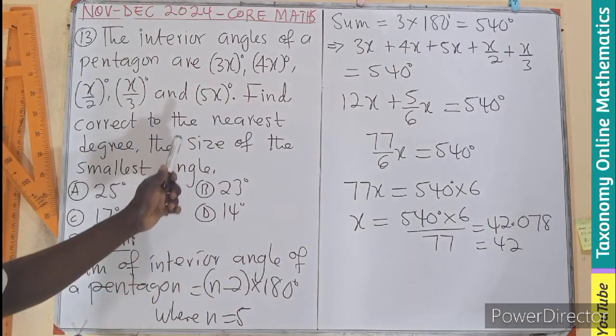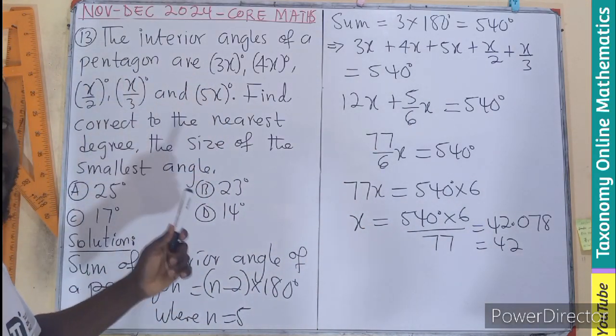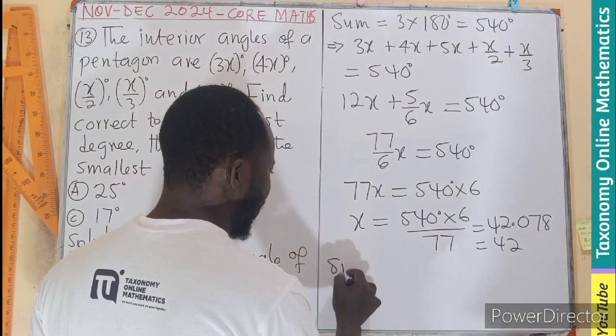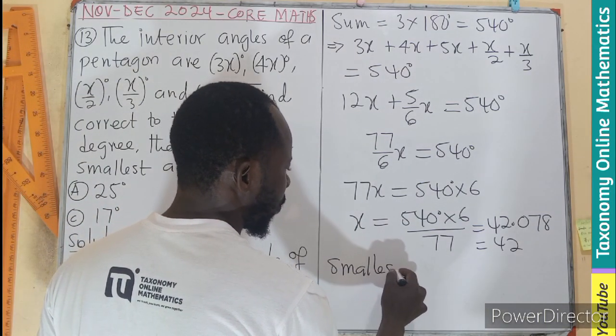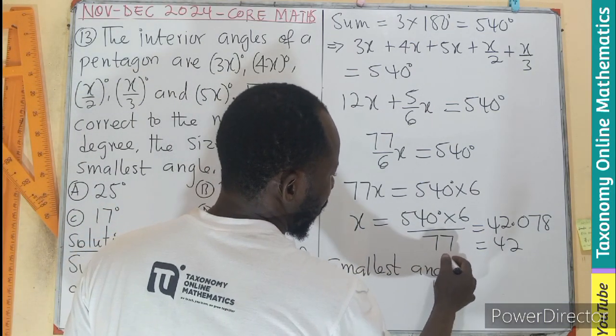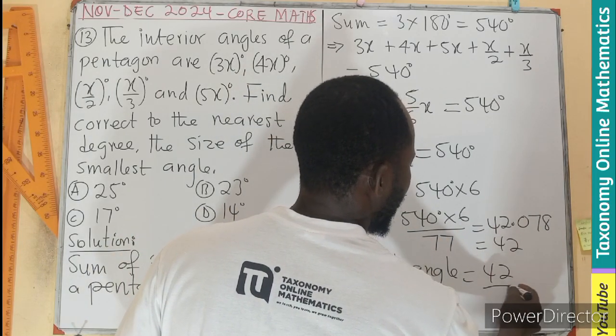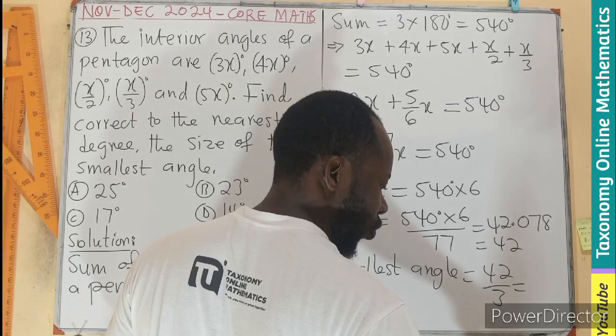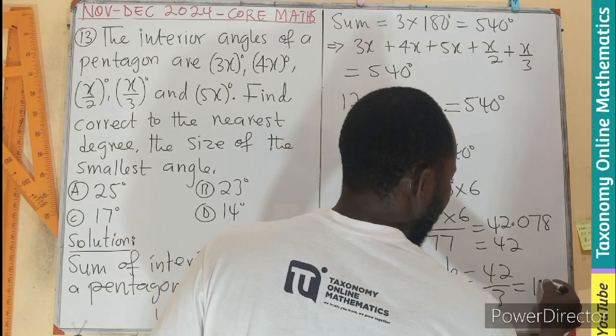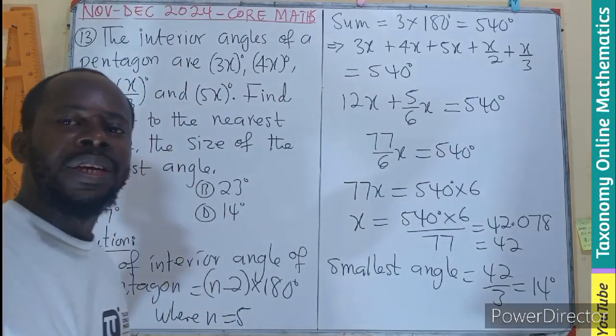Remember, in the beginning we mentioned that we divide by 3 to get the smallest one. So the smallest angle is going to be 42 divided by 3. And I'm sure if you divide that, you get 14 degrees.